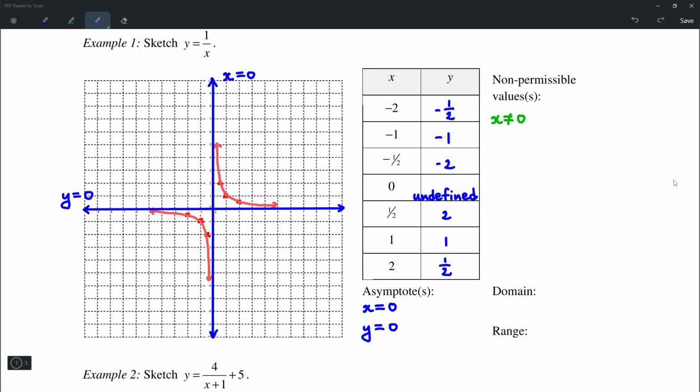The domain is x is an element of the real numbers except for 0, because that is a non-permissible value. The range is very similar. Y is an element of the real numbers, but once again, not 0.